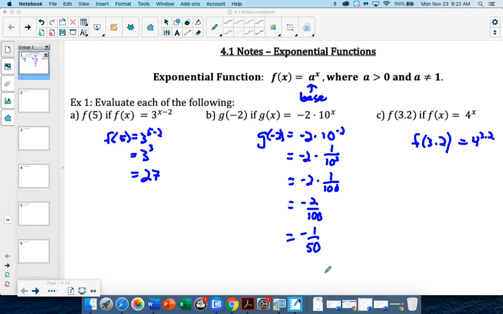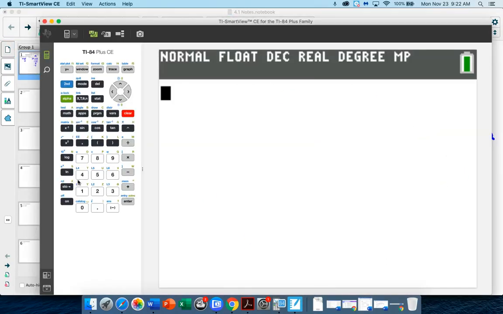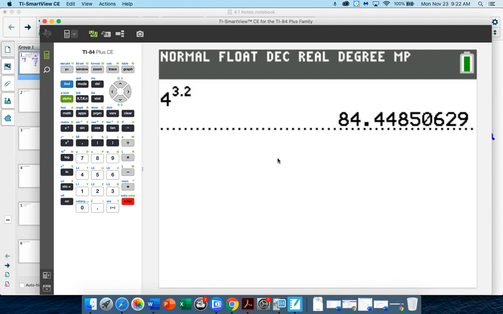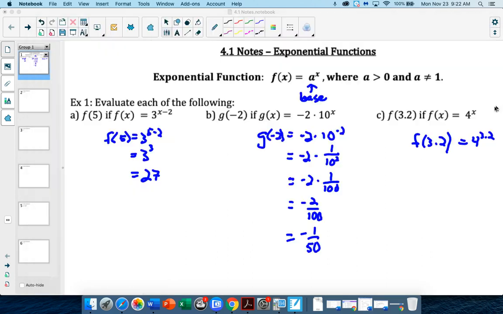So if we bring up a calculator, 4 to the 3.2 power would be 84.449. Generally, when we're looking at exponentials and logarithms later on in this chapter, we'll go to 3 decimal points. So if I round this to 3 decimal points, that would be 84.449.